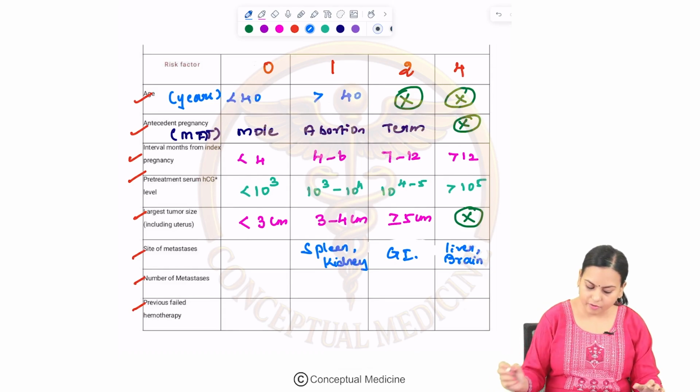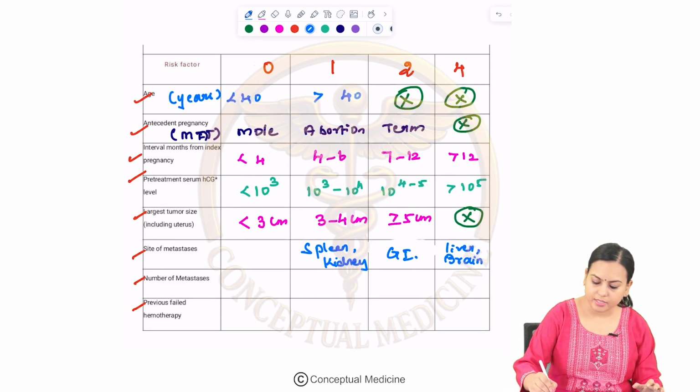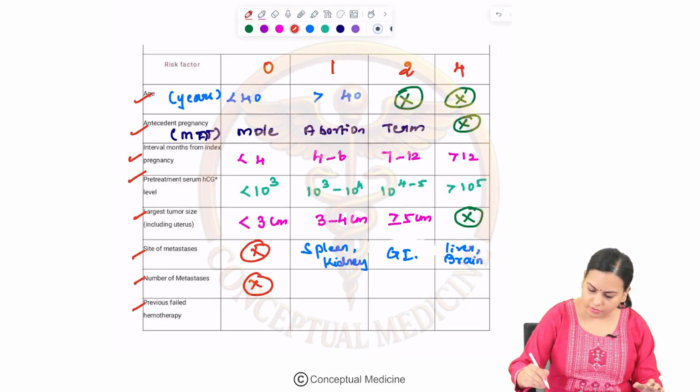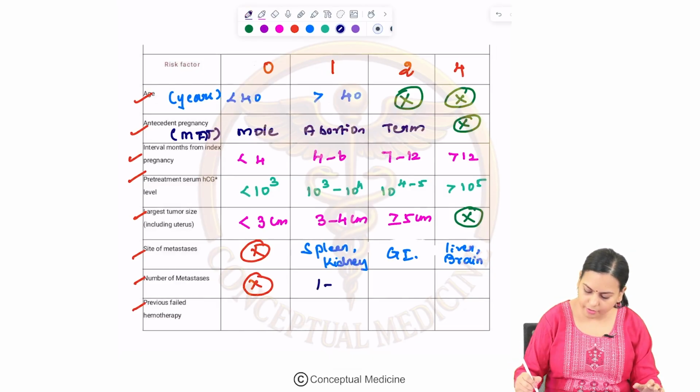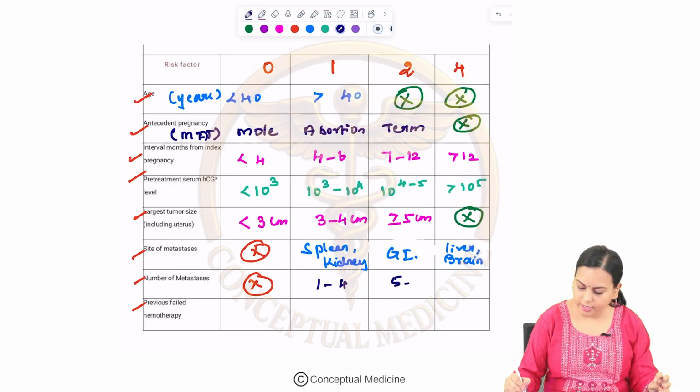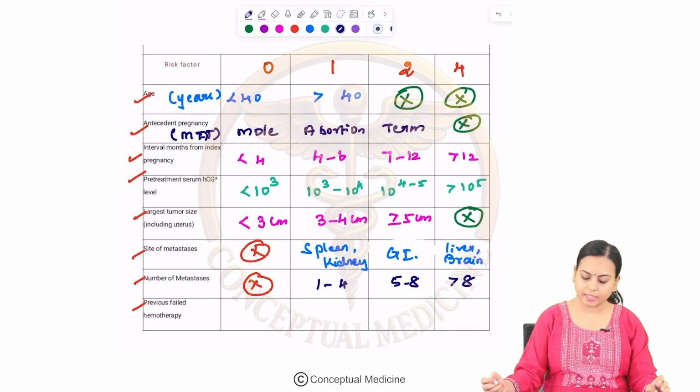Then number of metastasis. Here also we are not having any value for 0. So, number of metastasis 1 to 4 takes score 1, then 5 to 8 takes score 2, and more than 8 takes score 4. Clear?